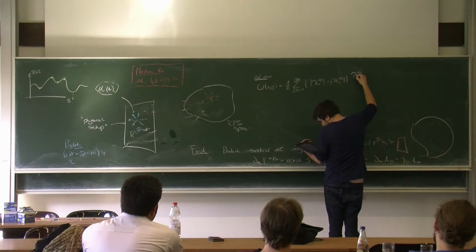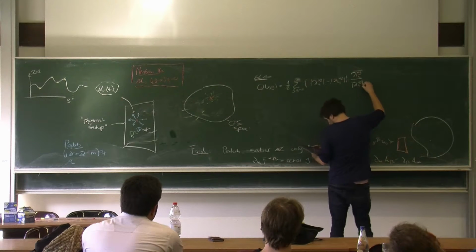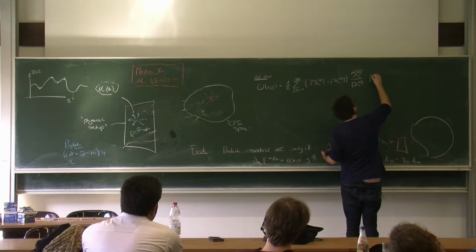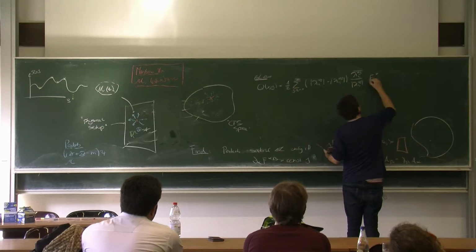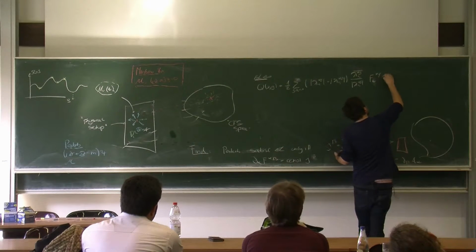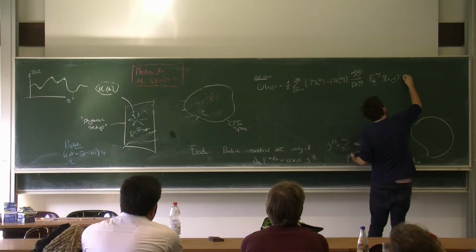What is this now? K again? X and Y. Okay, and we want this equation to be 0.